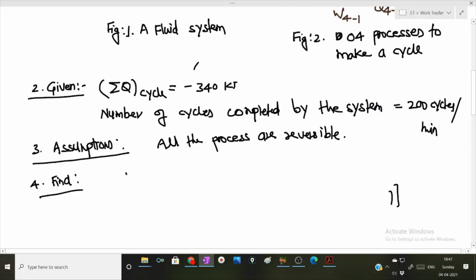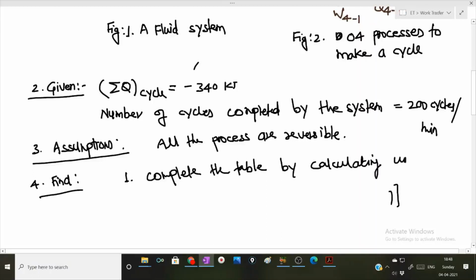Number 1, complete the table by calculating unknown values.